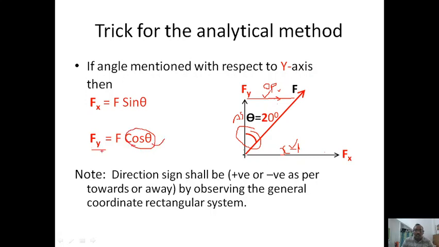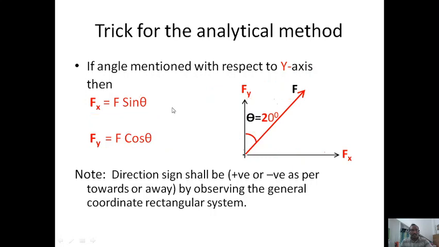For the opposite side, which is parallel to the x-axis, it is always sin theta, hence Fx equals F sin theta, right? This is the system we have to understand: how theta is given, and how to arrange cos and sin according to the adjacent and opposite sides.